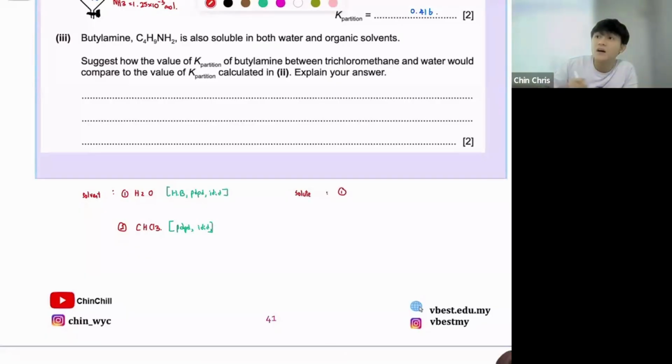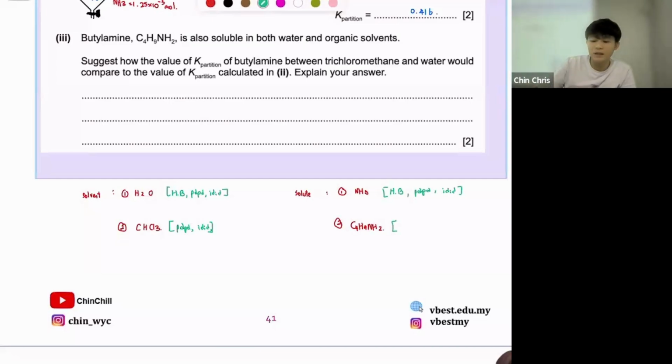So this is what we have done earlier. Our solute is NH3, and I change it to butylamine. Hydrogen bonding, PD, ID is the last, right?